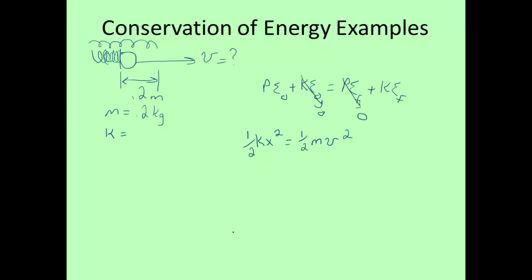I forgot to tell you that the spring constant for this spring is 1.3 newtons per meter. So the 1/2s go away. So 1.3 times 0.2 squared divided by 0.2 is equal to v squared. So that's really the same thing as 1.3 times 0.2, which is 0.26.